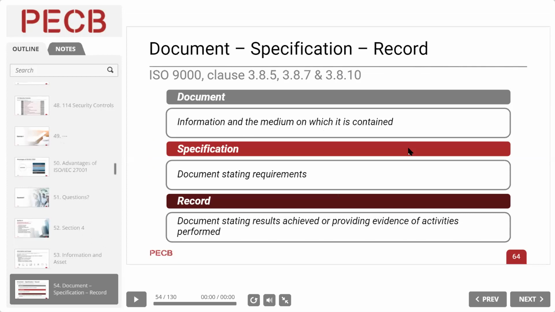So ISO 9000 defines the various requirements to ensure that the organization is being managed well. So there's processes, there's proper definitions, there's proper documentation. ISO 9000 forms the fundamentals of all the management systems.